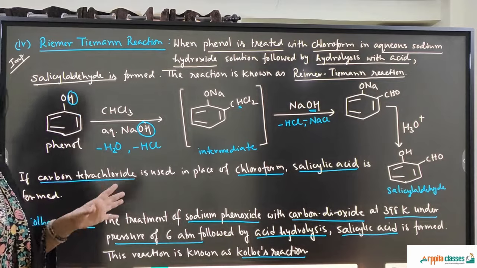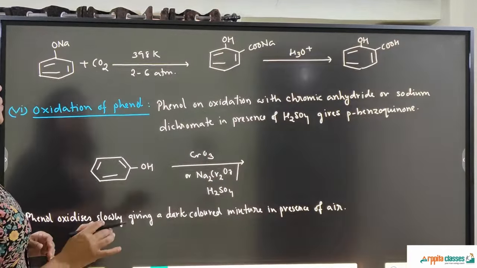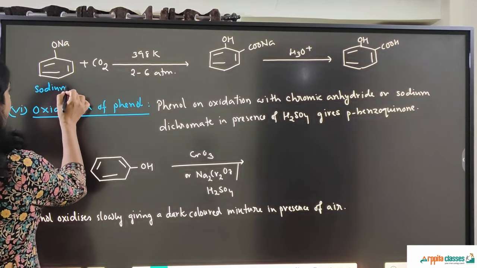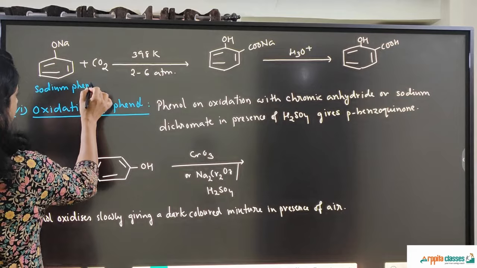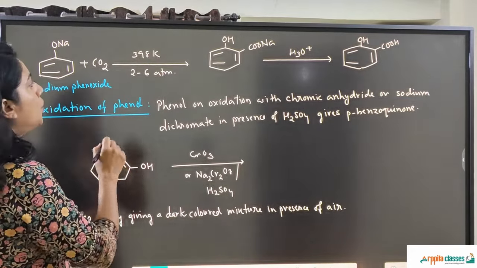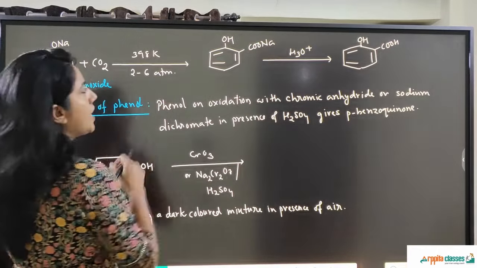So these two reactions, Reimer-Tiemann and Kolbe, both are very important. You need to prepare them as short notes. So here we start with sodium phenoxide, and that is treated with carbon dioxide at 398 Kelvin and 2 to 6 atmosphere pressure. You get OH, and COONa gets attached over here.